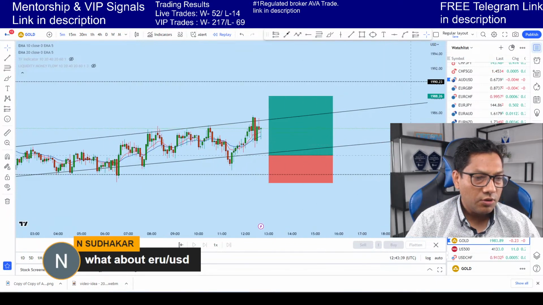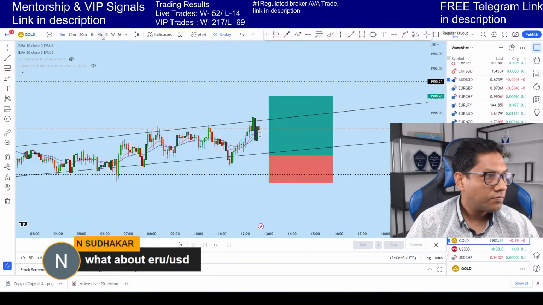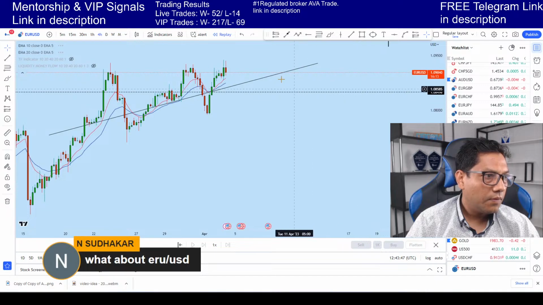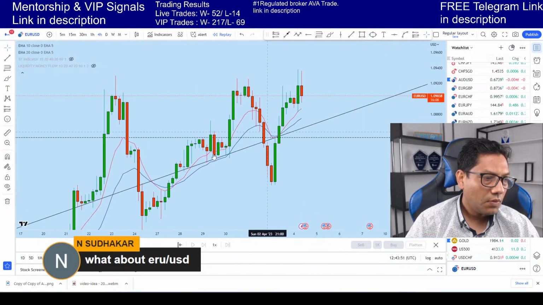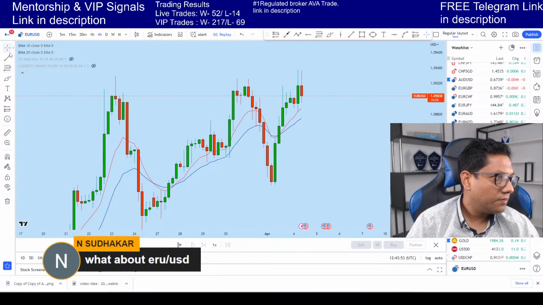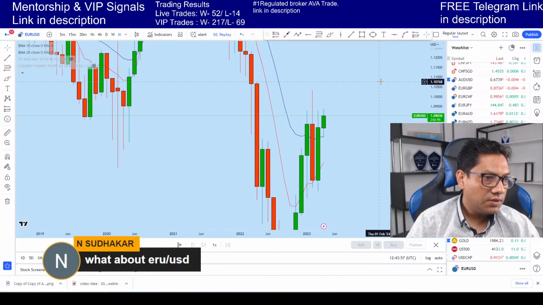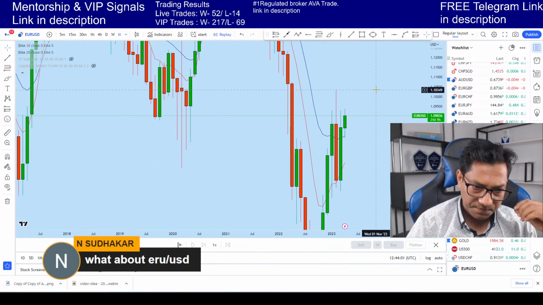Okay, so we see that gold bullish will keep running. Let's look at euro dollar, again going to the lower time frame. Okay, euro dollar. Looking at the monthly, as you know, I always look at the bigger picture first.